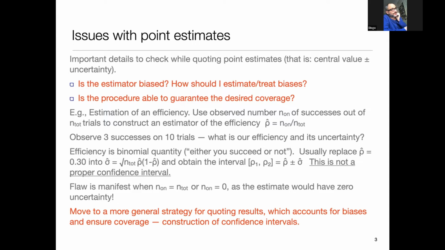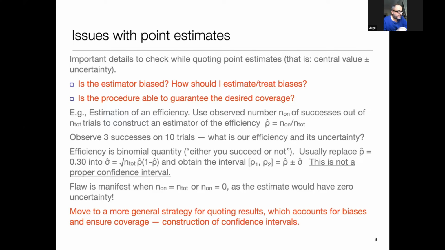The other important thing is whether the procedure that provides our result is able to guarantee the desired coverage. Yesterday we saw that coverage is probably the most important property of a result in physics, so it's good to wonder whether the procedure we are using guarantees coverage.